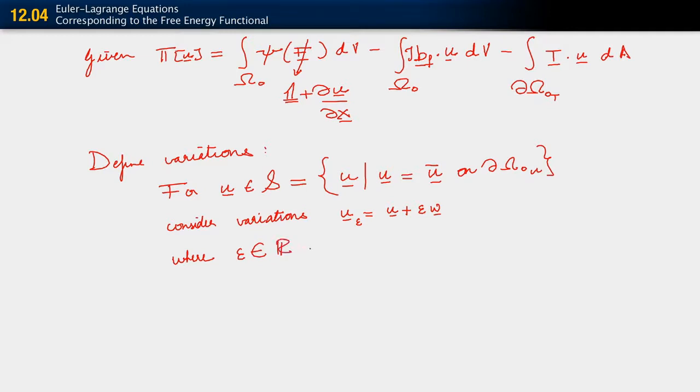Epsilon is just a scalar, and w belongs to V, right, a space of functions. How is V defined? V consists of all functions w which satisfy the zero boundary condition, the homogeneous boundary condition, on the displacement boundary.